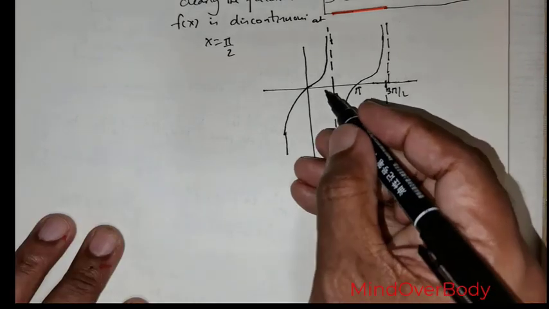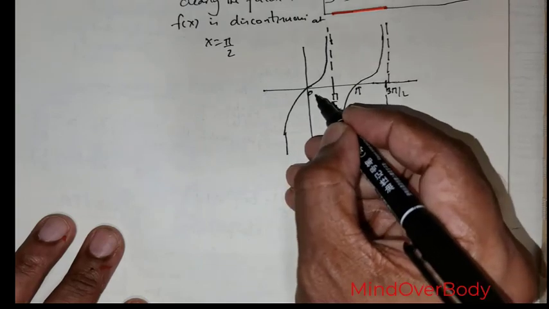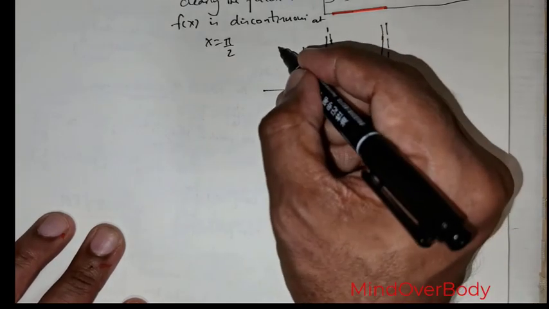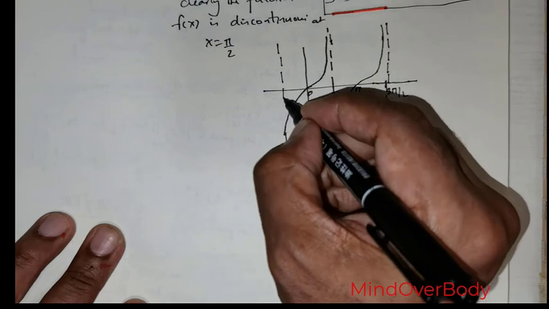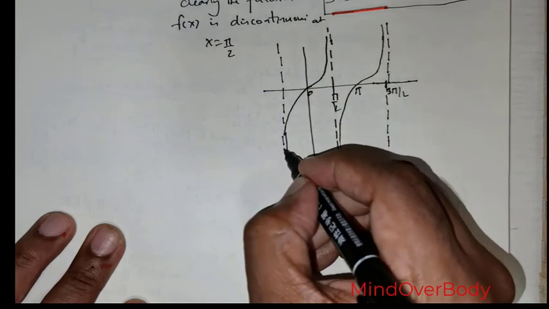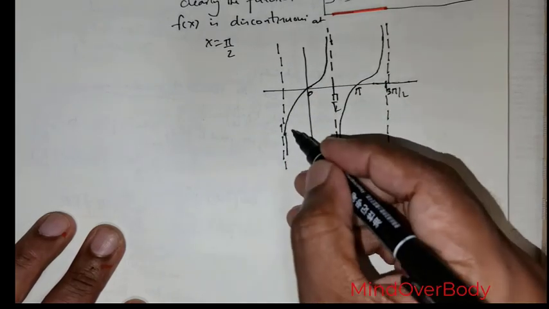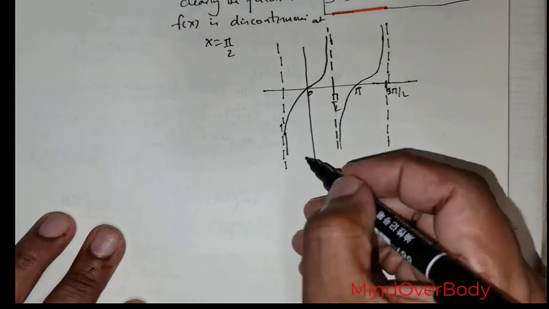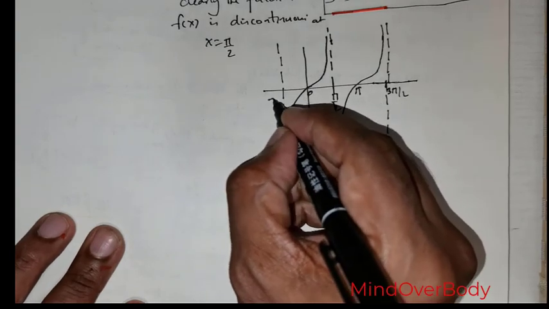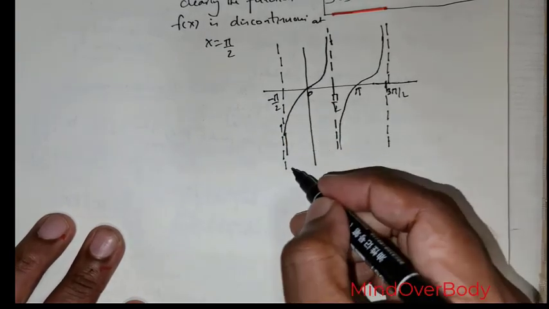Now if this is 0, this is an asymptote, so the line doesn't touch the curve, and this would be negative pi over 2, and so on and so forth.